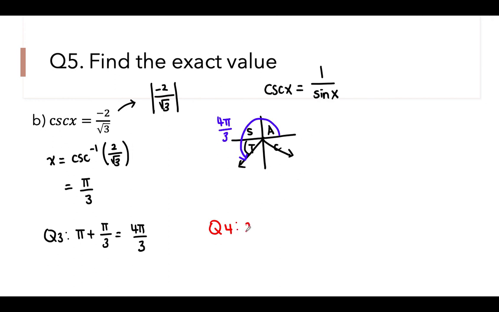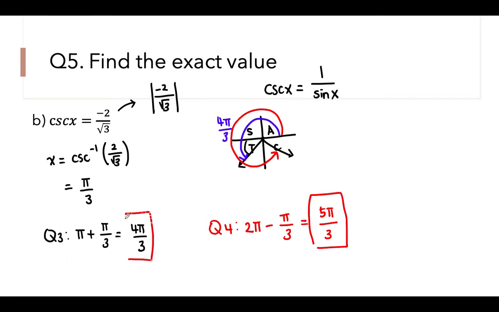So we have to do 2 pi minus my related acute, pi over 3. And that will give me 5 pi over 3. Okay. So therefore, from here all the way up to this point is going to give me the exact value of my x.